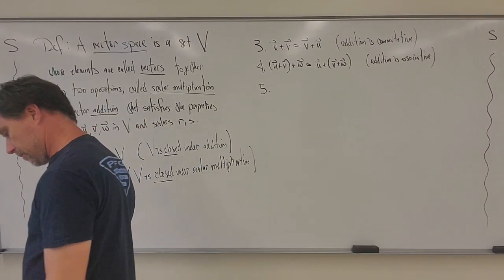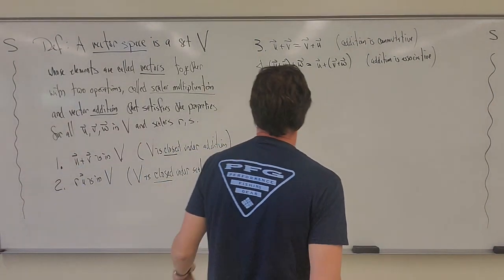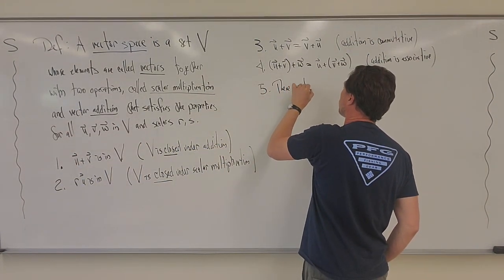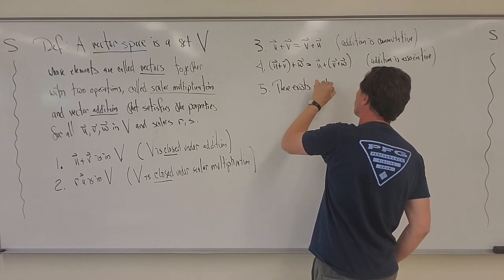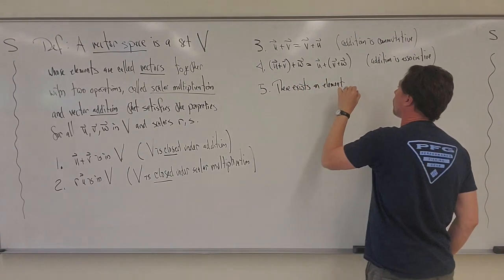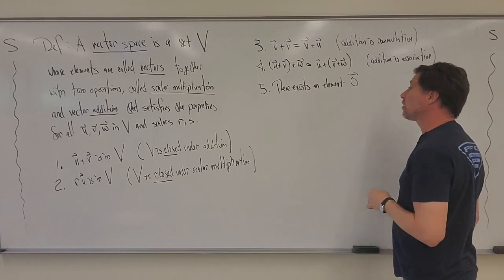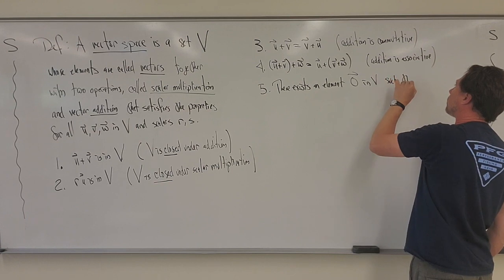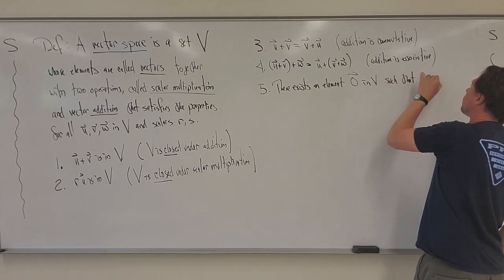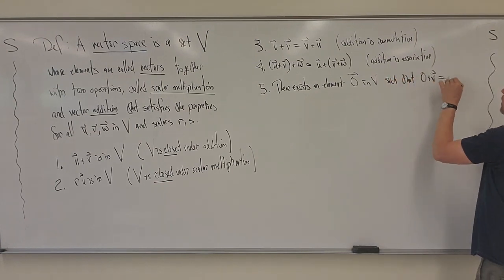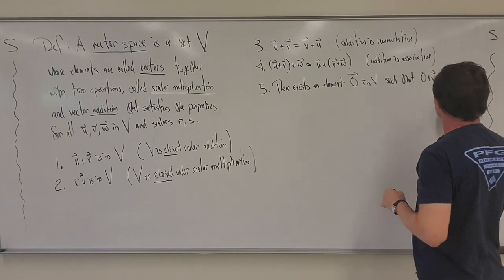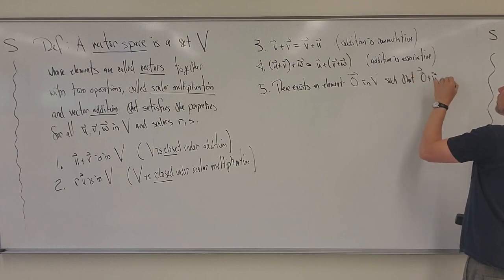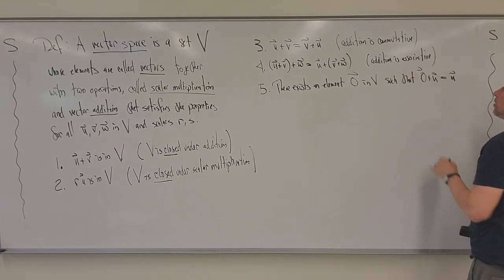Property 5. There exists an element which we will write as boldface 0 in capital V, such that 0 plus u is equal to u.